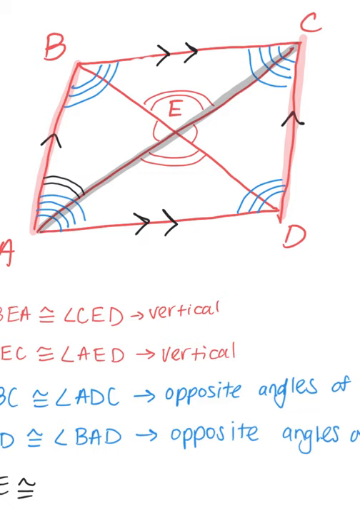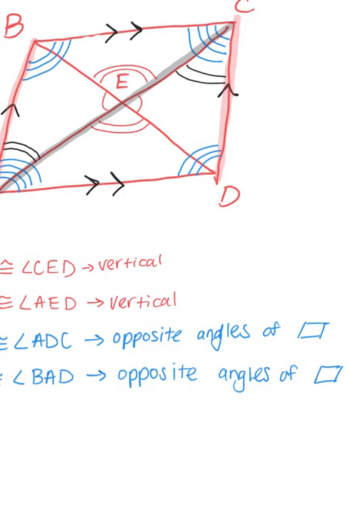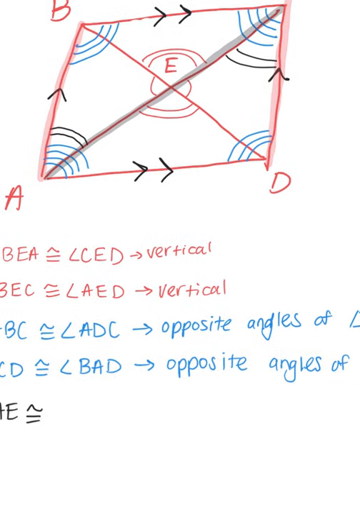Does anyone see it now? BAE is going to be congruent to DCE. Okay? Those two will be congruent. DCE, because they are alternate interior angles.